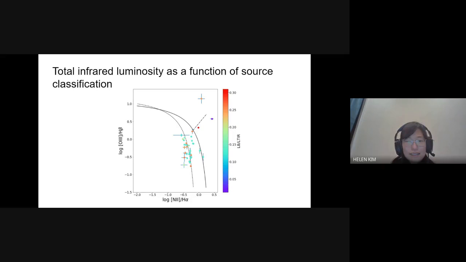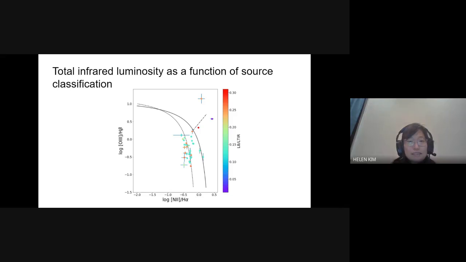In addition, since it's known that the 8-micron luminosity to total infrared luminosity ratio correlates with metallicity and type of galaxy, we compared the rest frame 8-micron luminosity to the total infrared luminosity with objects on our BPT diagram.